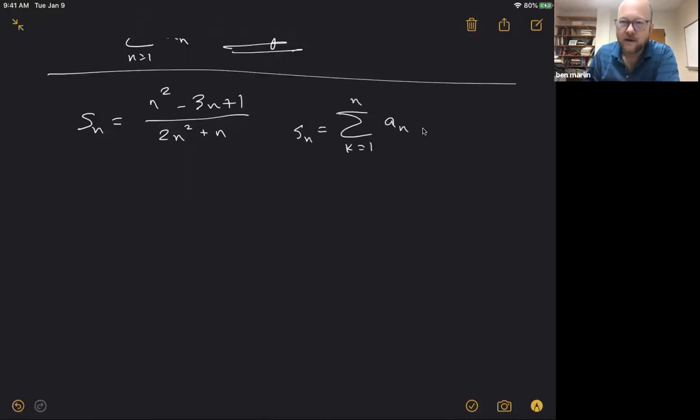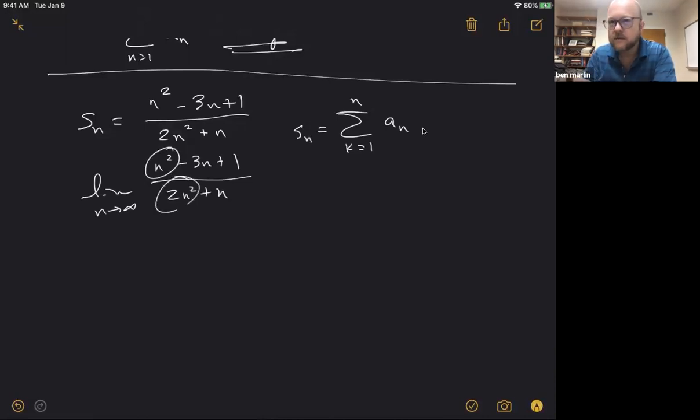you wouldn't have to find out the a sub n. You would simply say limit as n goes to infinity of n squared minus 3n plus 1 over 2n squared plus n. The terms on the top and the bottom have the same growth rate. They're both n squared.